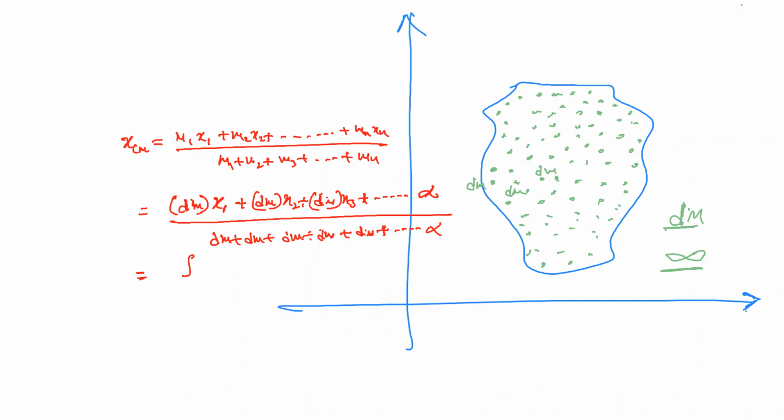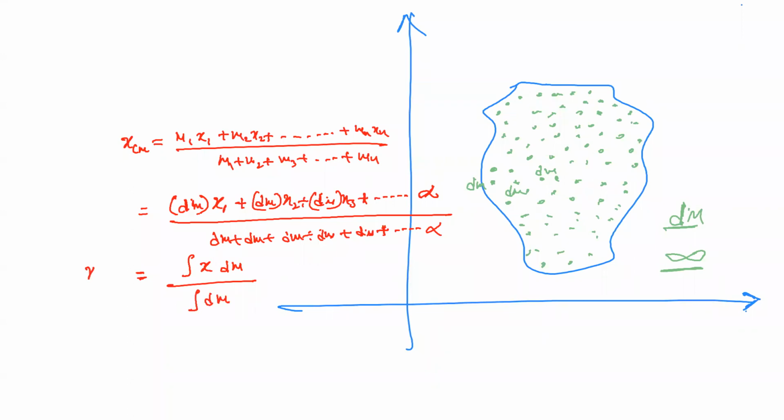So dm x1 plus dm x2 plus dm x3 up to infinite terms converts itself into integration of x dm. Remember, for each dm, x will be different. That's why the x is inside the integration. It is not a constant. x is dependent on dm. So we write integration x dm divided by integration dm.